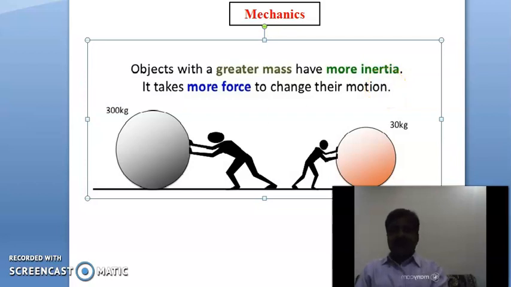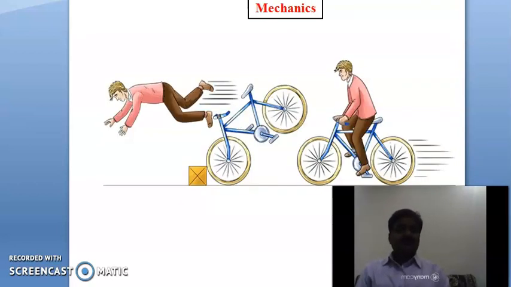Now let us turn to another picture. See, a cyclist is riding his cycle. His cycle is in motion. But in this case, what has happened?